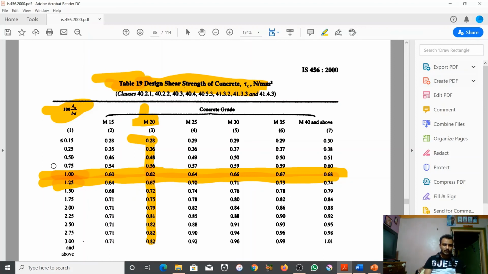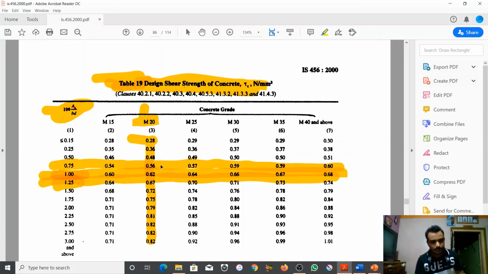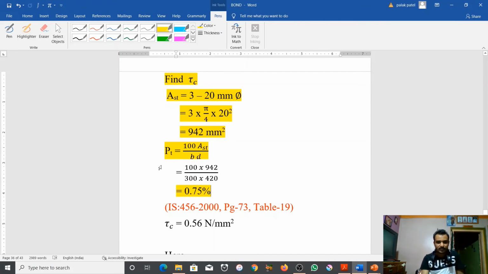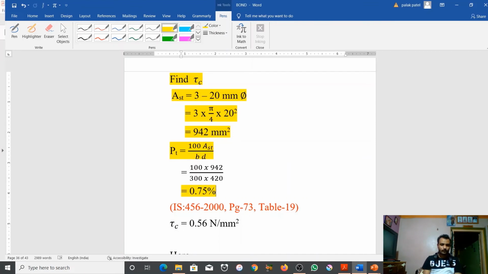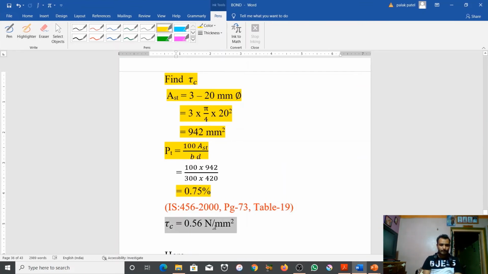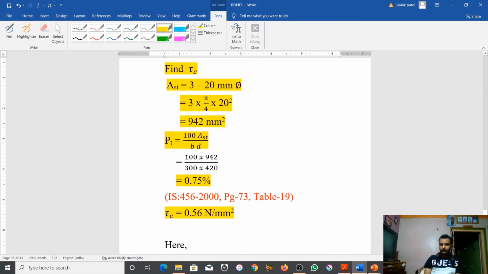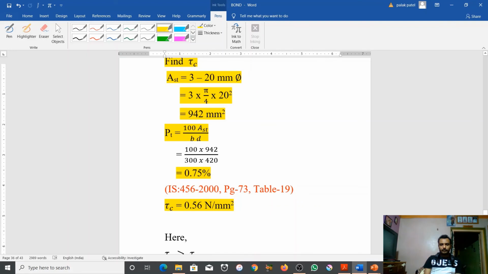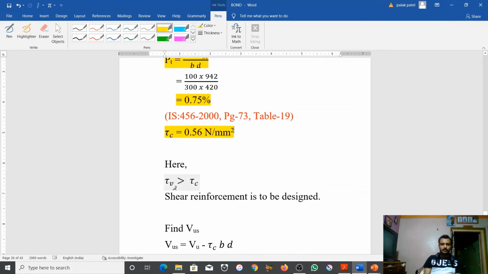So look here, 0.75. So this row, your value is 0.56 for M20 grade cement. So tau c is 0.56. By both the values, tau v and tau c, we got tau v greater than tau c.